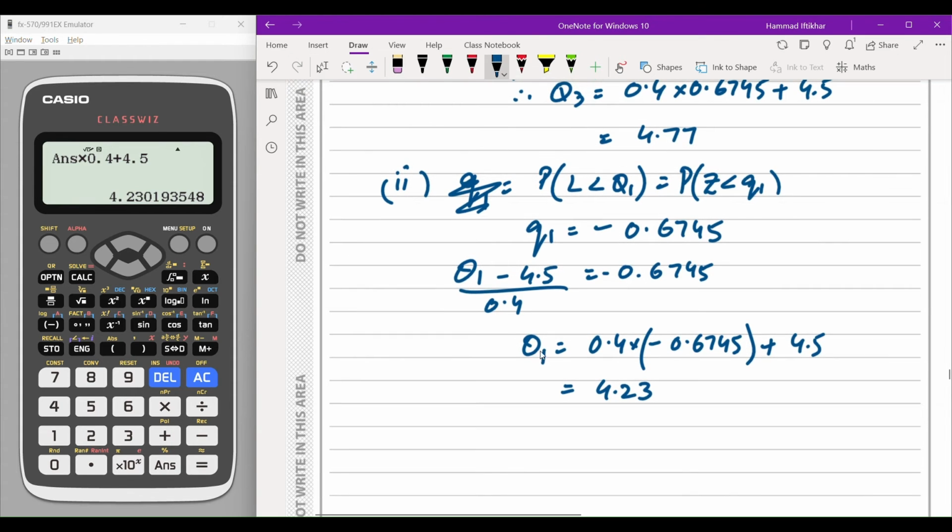So that's that. Therefore, lower quartile 4.23, upper quartile is 4.77.